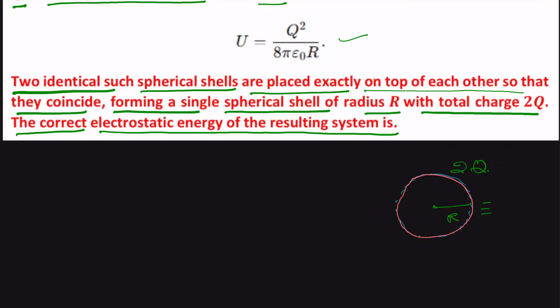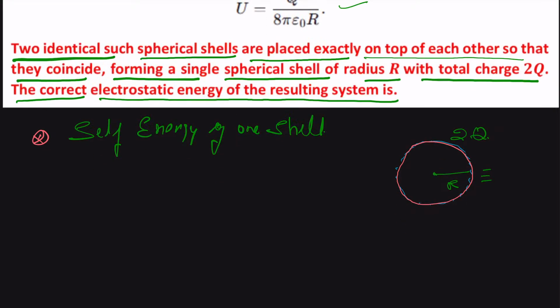So we can say that our self energy of one shell, and let us suppose that is given as u, then this u will be equal to q square upon 8 pi epsilon naught times r.